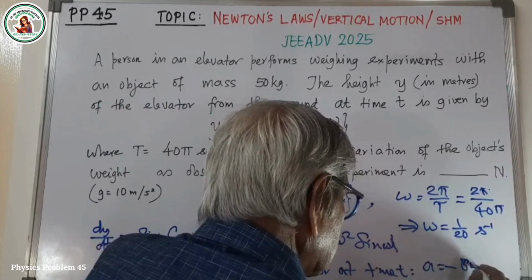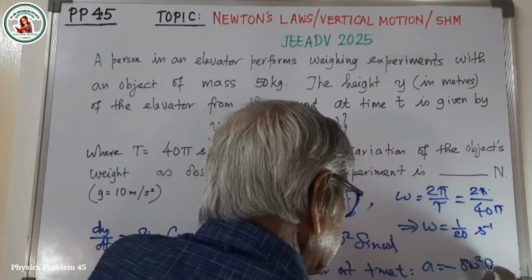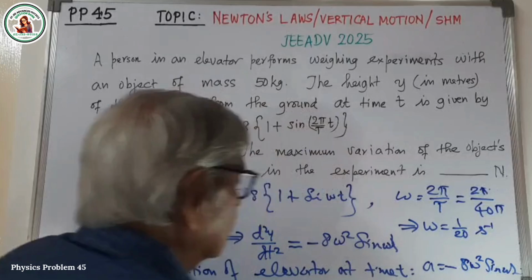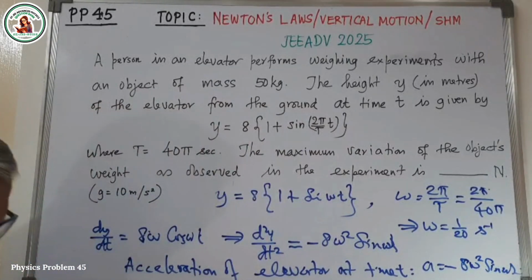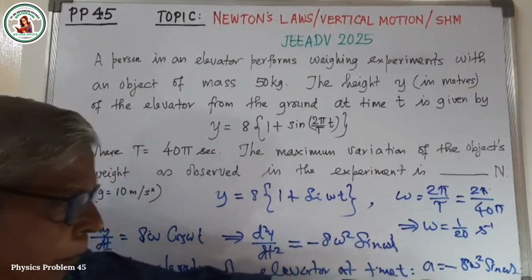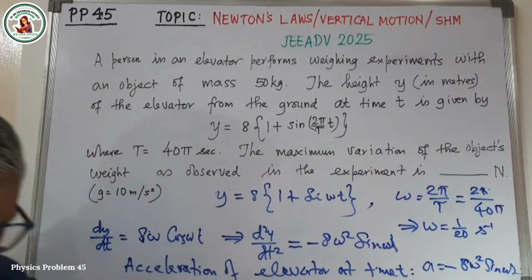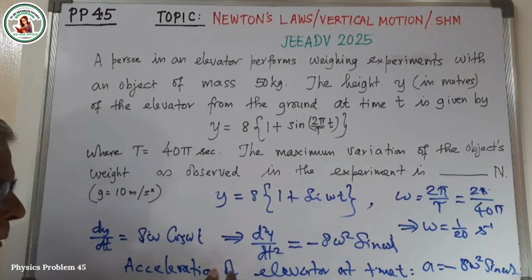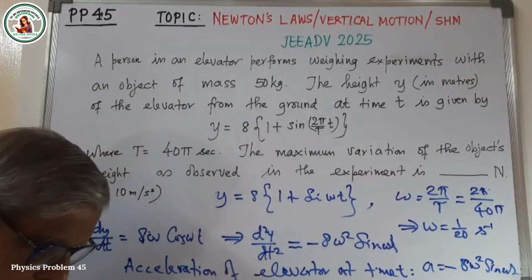From this the maximum value is 8 omega square. A maximum is 8 omega square.